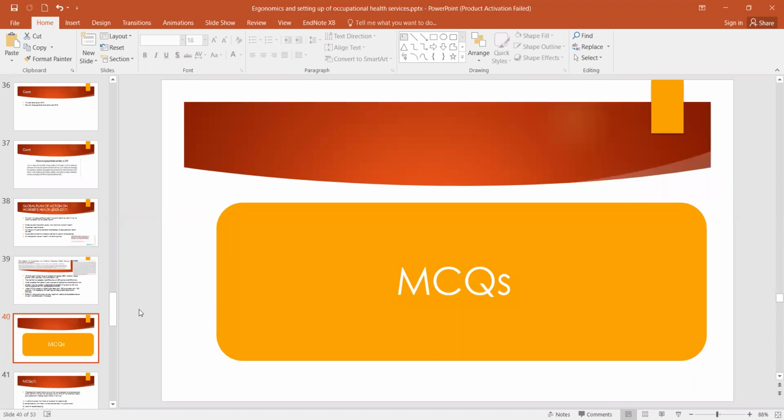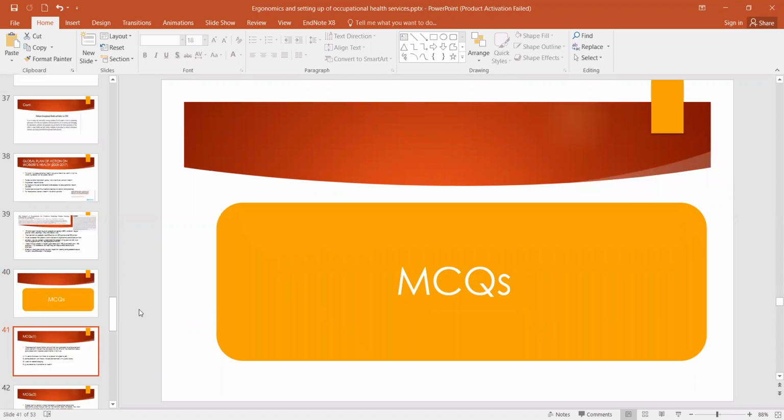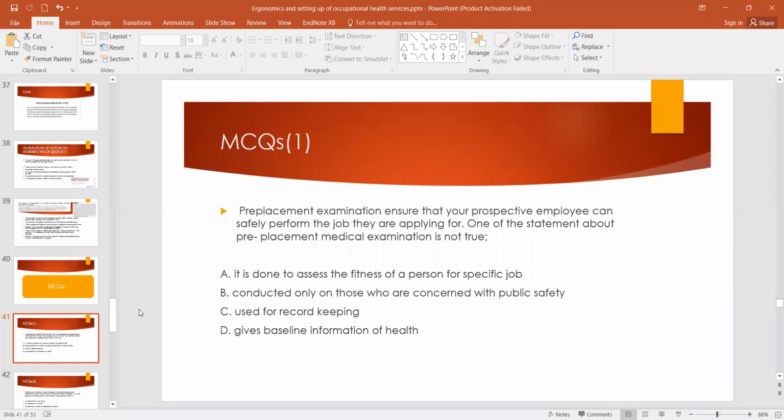Now it's time for MCQs. Pre-placement examination ensures that your prospective employee can safely perform the job they are applying for. One of the statements about pre-placement medical examination is not true.